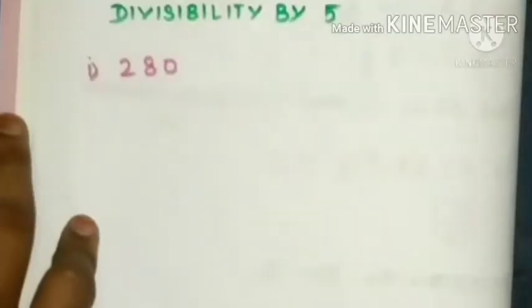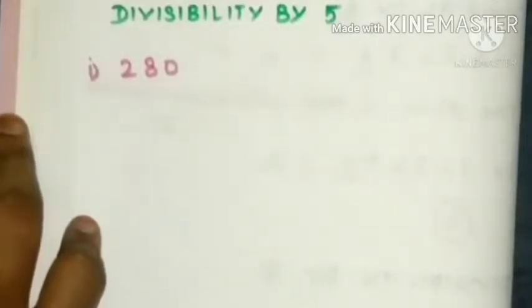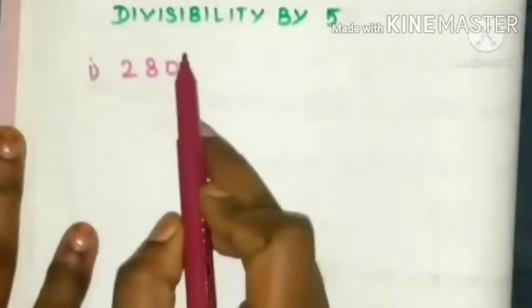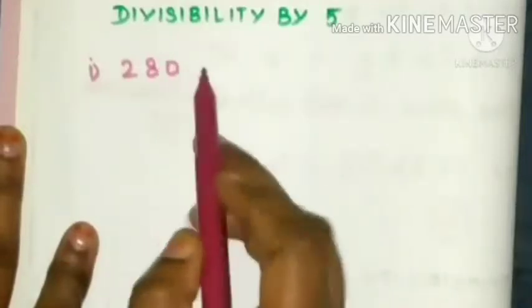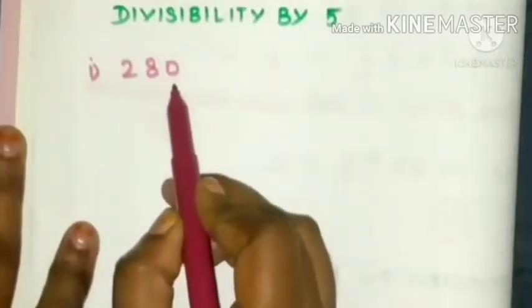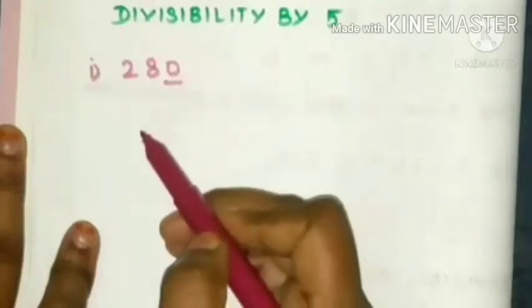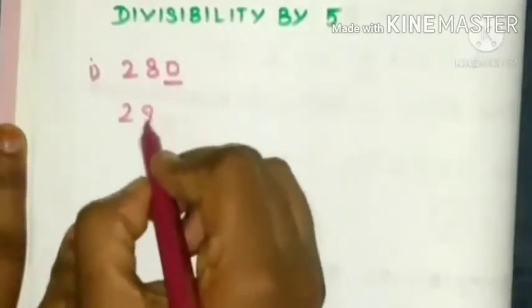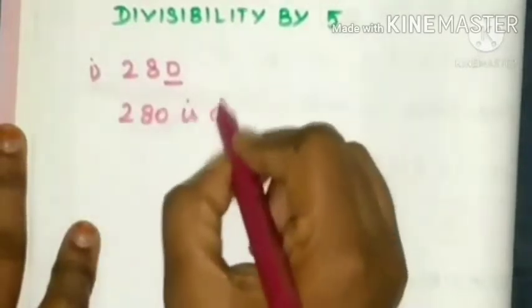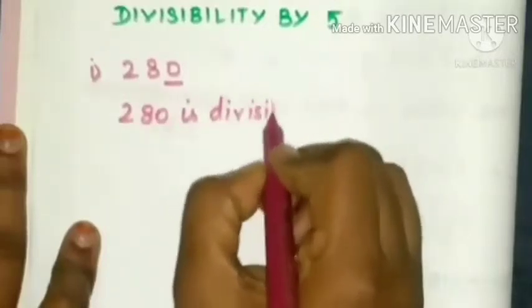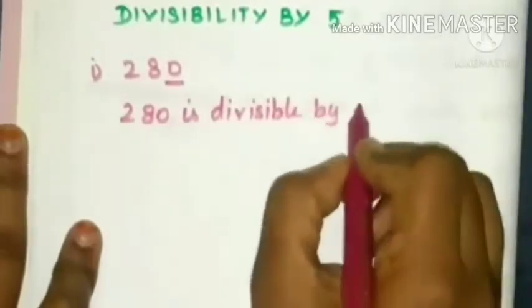Then the example for divisibility by 5. The rule of divisibility by 5 is a number is divisible by 5 if its ones place is either 0 or 5. Here the ones place is 0. So definitely 280 is divisible by 5.